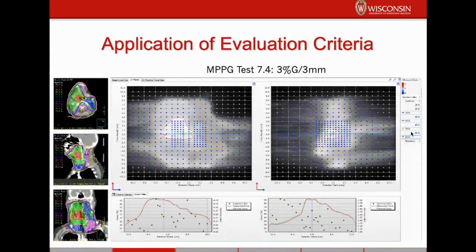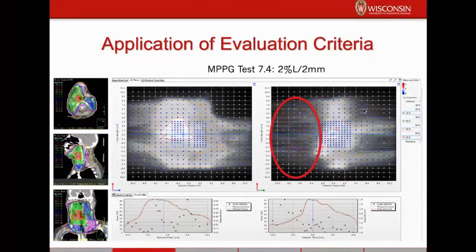Here's an example of applying the evaluation criteria for MPPG test 7.4, which is for clinical IMRT and VMAT plans. You can see on the left, we have an anonymized patient with a clinical dose calculation. And on the right is the Delta4 measurement for that patient. And here we're analyzing it at 3% global, 3 millimeters distance to agreement, and pretty much everything passes, no problem.